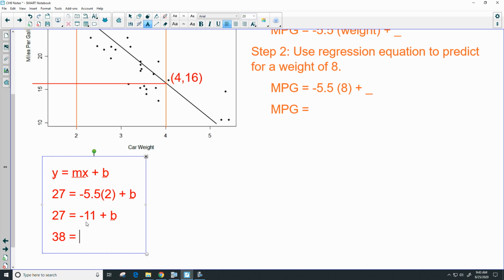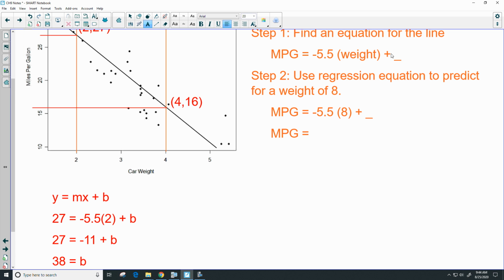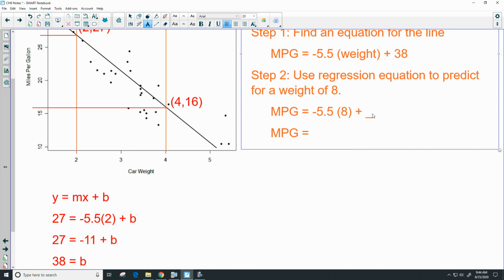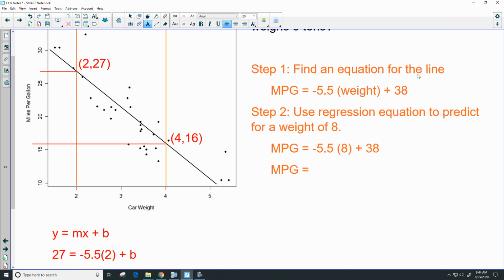38 is b. So let me just double check my math there. That'd be negative 11, that's good. Add 11, looks good to me. So 38 is my y-intercept. So here is 38 and my 38. All right, so find the equation of the line, the miles per gallon.